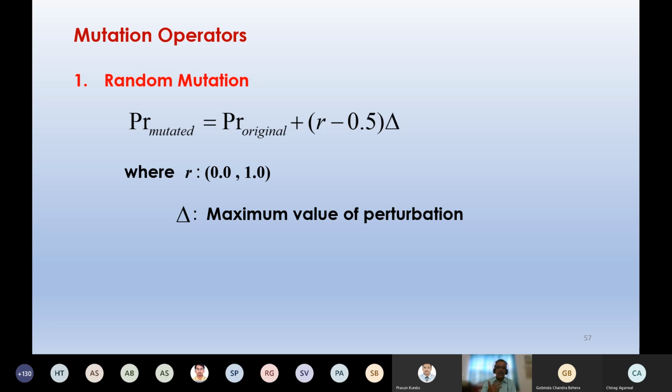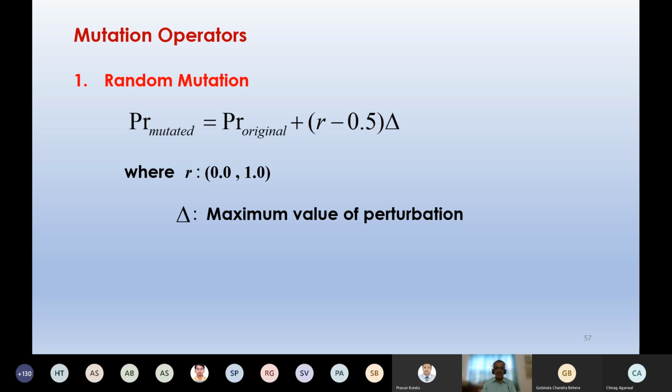Whenever we find the mutated solution, how much dissimilarity you are going to allow in the mutated solution in comparison to the original solution is decided by this delta, the maximum value for this perturbation or dissimilarity. How to assign a suitable numerical value? It is very simple. It depends on the range for the variable.